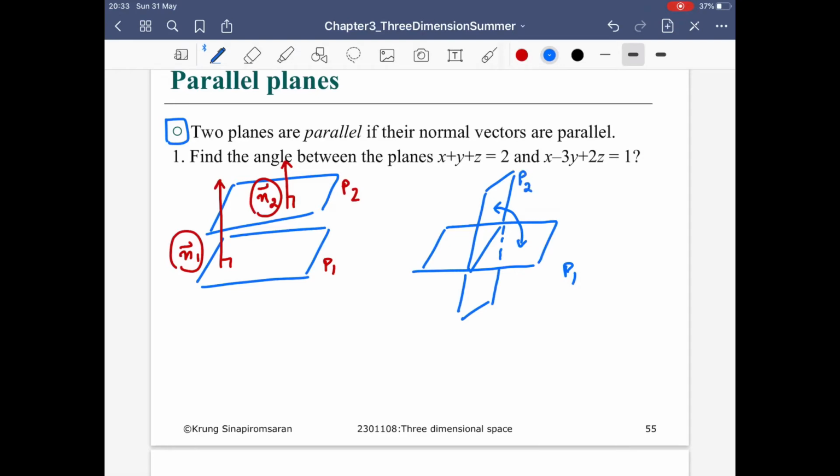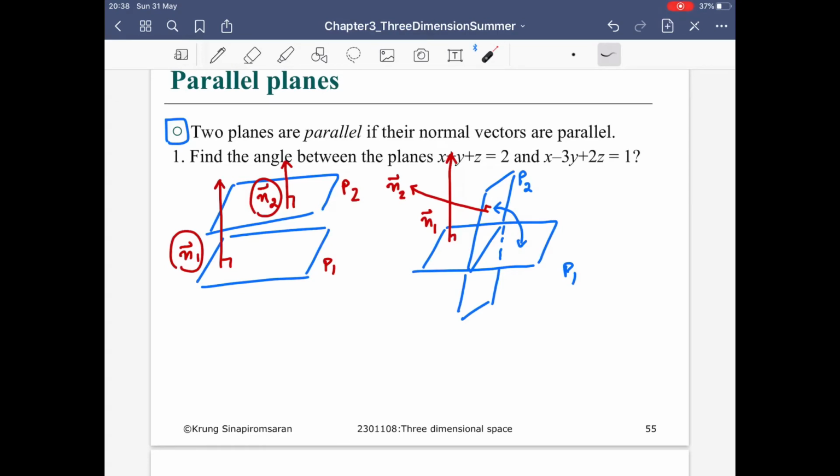So in this problem, we are going to find the angle between two planes. Let's say that the first plane has the normal vector n1 and the second plane has the normal vector n2, and here is the angle between the two planes.